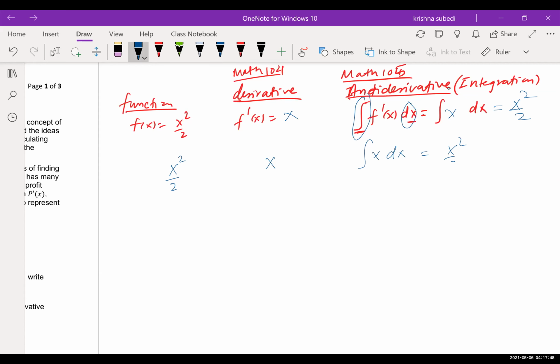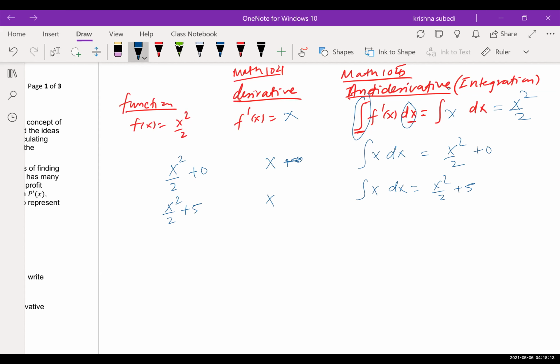Let's say my function is x squared over 2 plus 5, for example. What is the derivative? Still the same, right? Because the derivative of the constant is 0. So if I do the antiderivative, I should get x squared over 2 plus 5 in this case, and here it was 0.